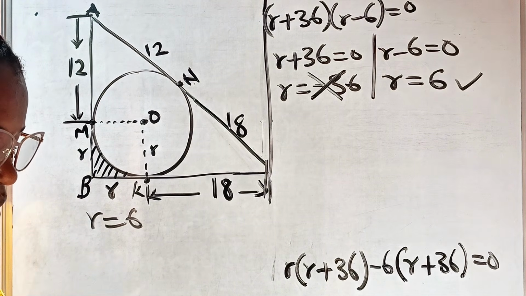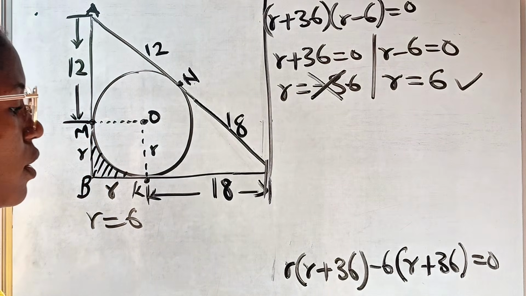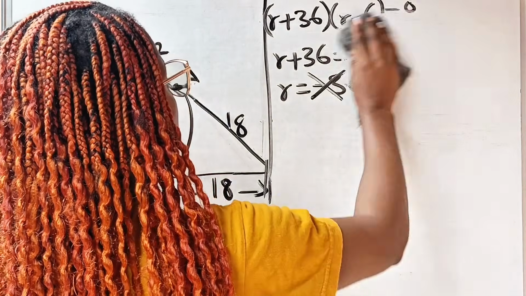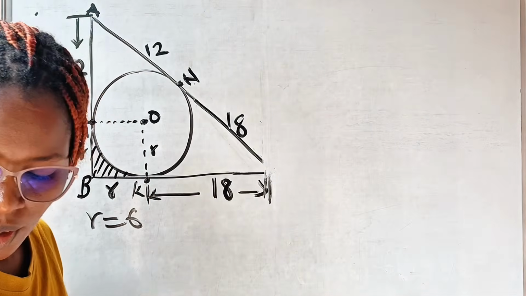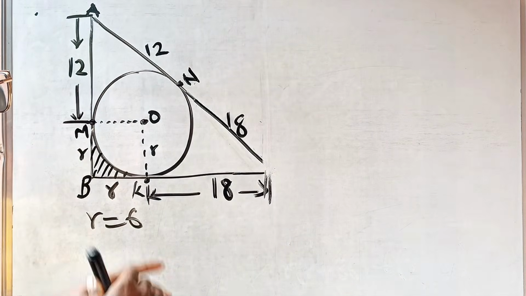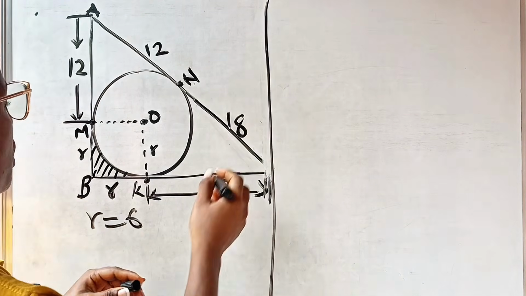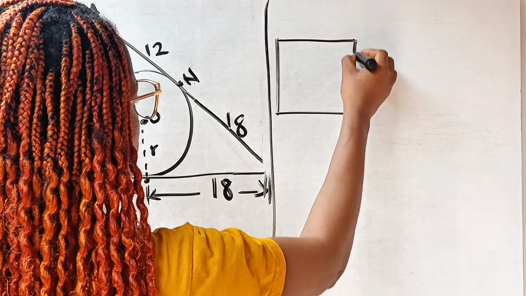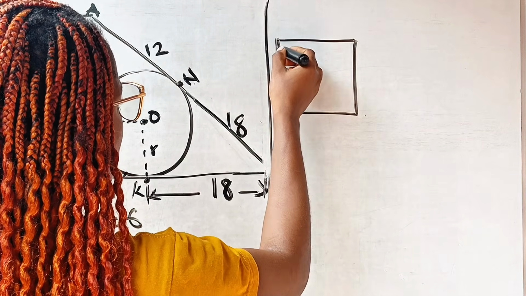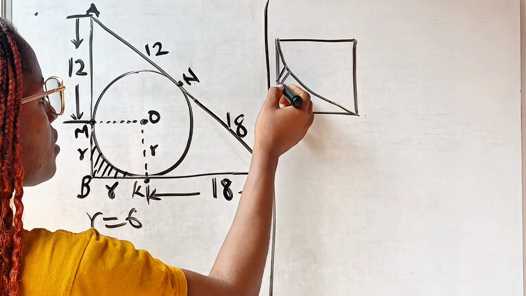Now let me explain why we got the value of r. We are asked to find the area of the shaded portion. Now the shaded portion comprises two parts. Now let me draw out the shape that contains the shaded portion. This is what we have, and we are looking for this.